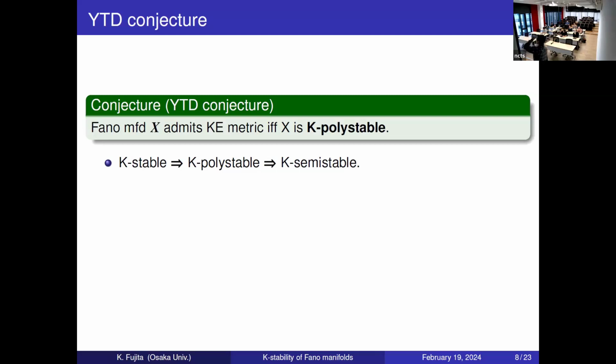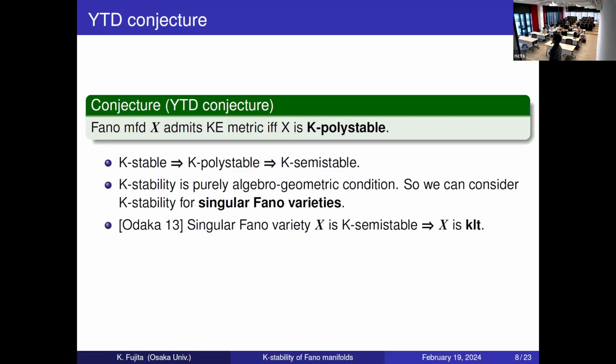But nowadays, it turns out that uniform K-stability, the strongest one, and K-stability are equivalent. So in this talk, it's a survey talk, so we do not distinguish between uniform K-stability and K-stability. I will be very loose about the difference between them. Okay. And K-stability is a purely algebraic condition.